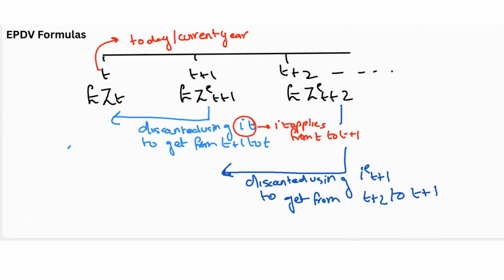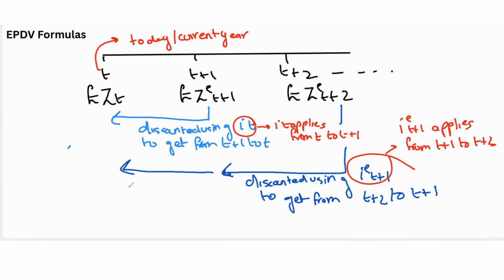Because IET plus 1 applies from T plus 1 to T plus 2. And then now we have this value, which was at T plus 2, at T plus 1. Now further, we're going to discount this using IT to get from T plus 1 to T. Right? So we have this value.